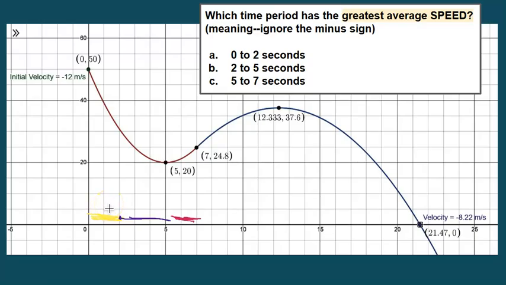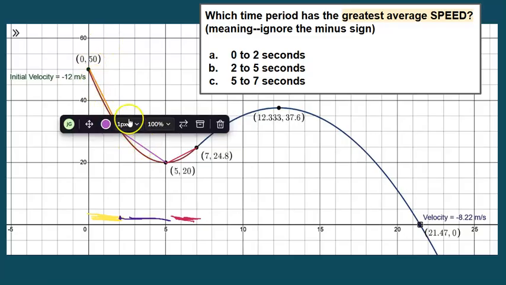I'm going to pause the video and connect the points with lines. That might help you pick the right answer. Okay, I have drawn the connecting line for each segment. Hopefully you can visually see that and tell me which of those has the greatest average speed, because the orange and the purple have negative velocity. They're going backwards.